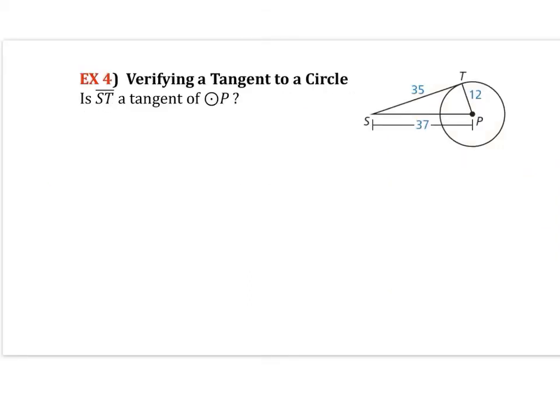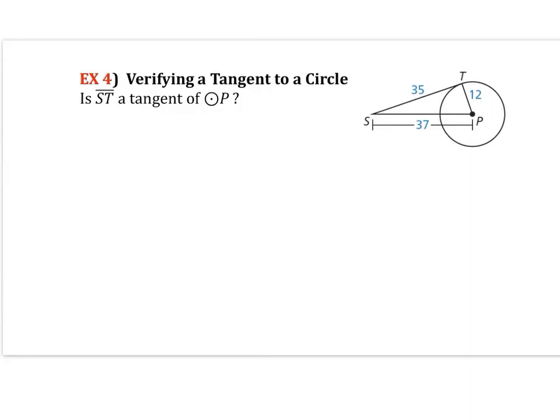All right, so here's an example where we have our theorem in action, where we're going to verify a tangent to a circle. Remember, in this situation we would be looking at deciding if segment ST is tangent to circle P. Based on the tangent line to circle theorem, if line M, or in this case ST, is tangent to the circle, then the line is perpendicular.